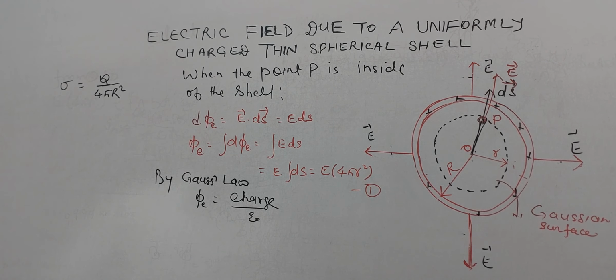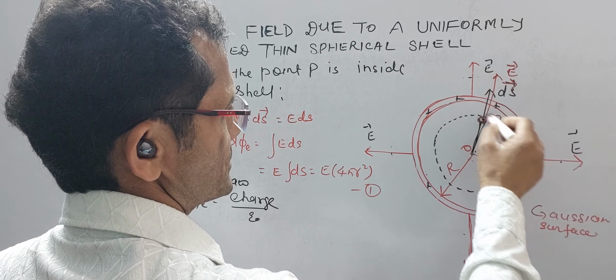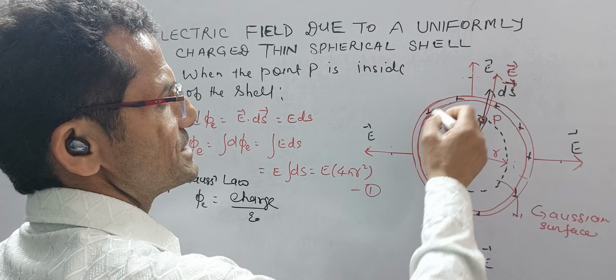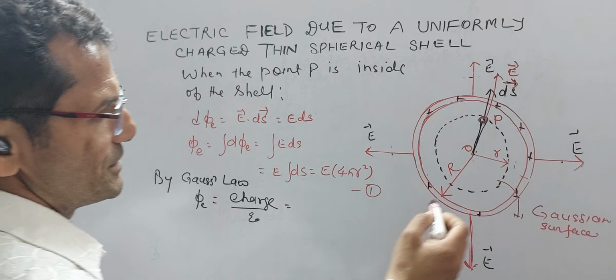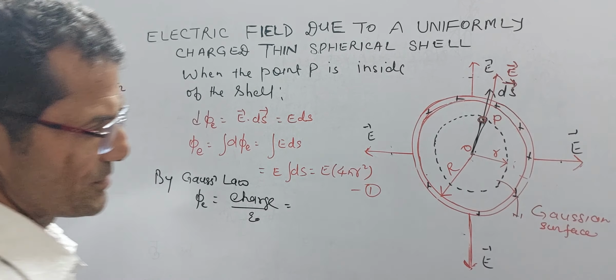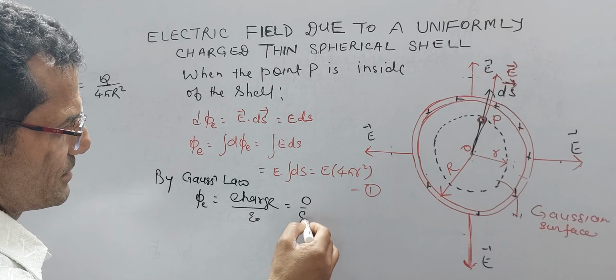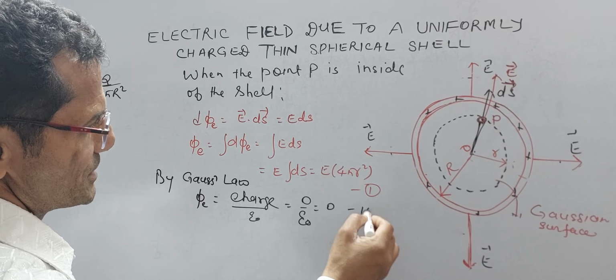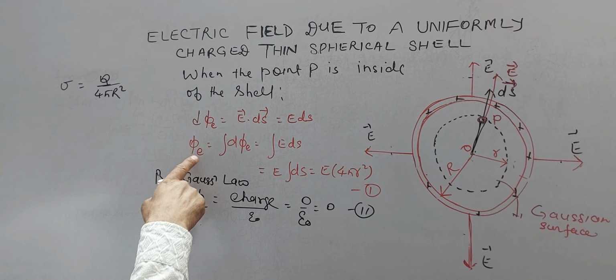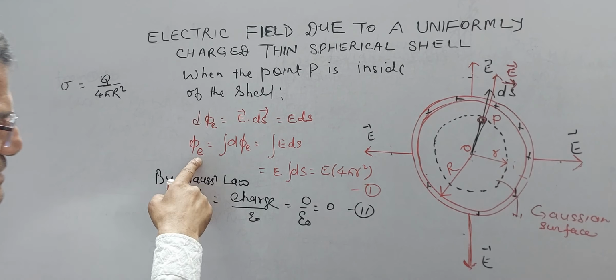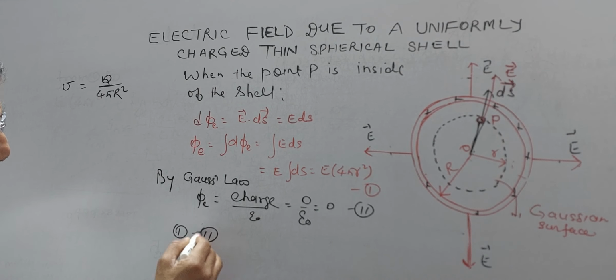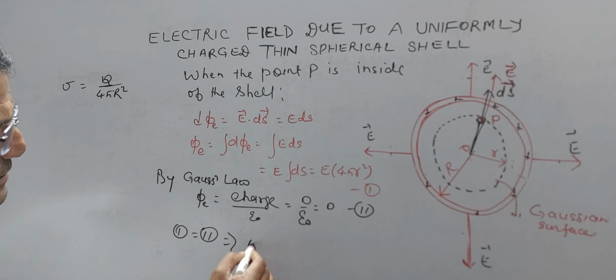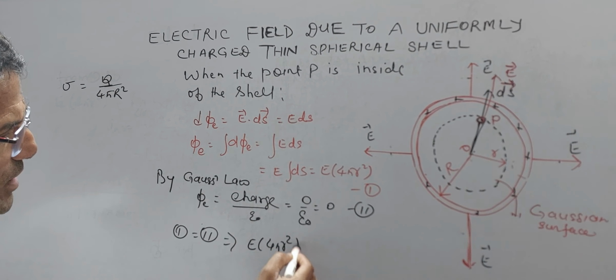Since there is no charge inside of this Gaussian surface, because our charge resides on the shell, the charge becomes 0, and 0 divided by epsilon naught is 0. Equating equation 1 and 2, E times 4 pi r square is equal to 0.